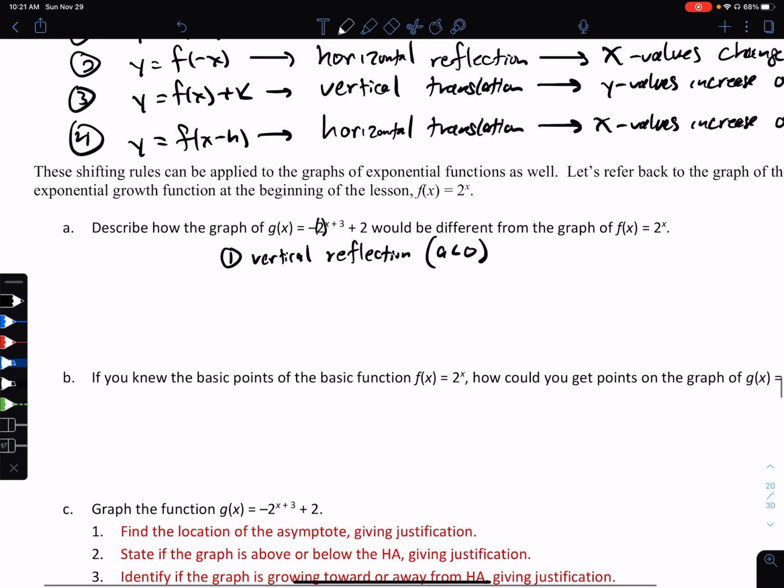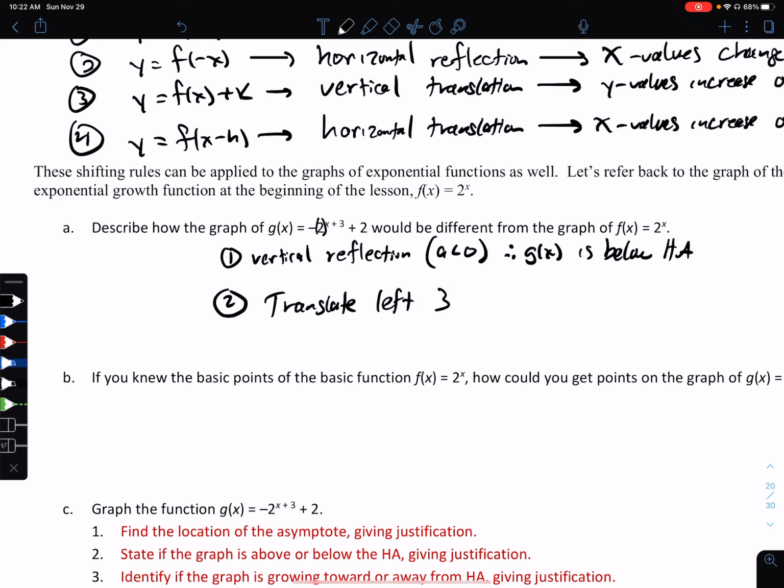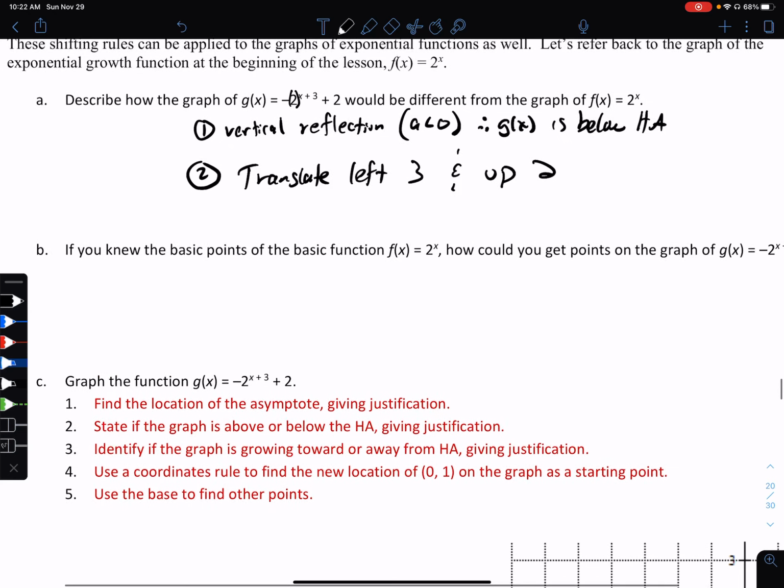And graphically, that means the graph will be below the horizontal asymptote. And the other thing, we're going to be translating to the left 3 and up 2. Nothing else differs between this and the parent graph.